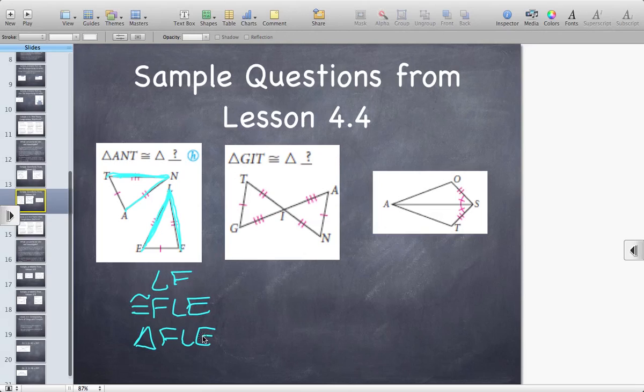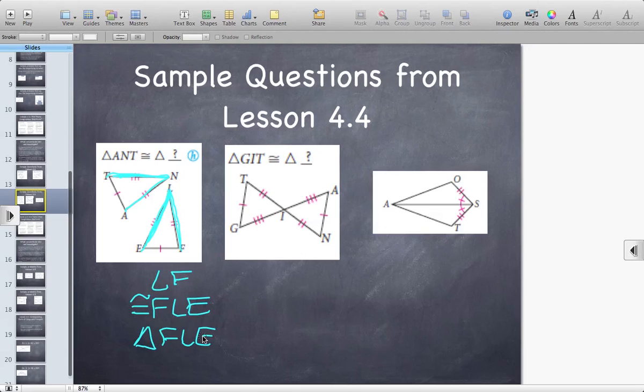Again, the order is what's important on that. So yes, you can call that triangle a number of different names, ELF, FEL, FLE, but in order to show congruency, we need to make sure that the parts match up.